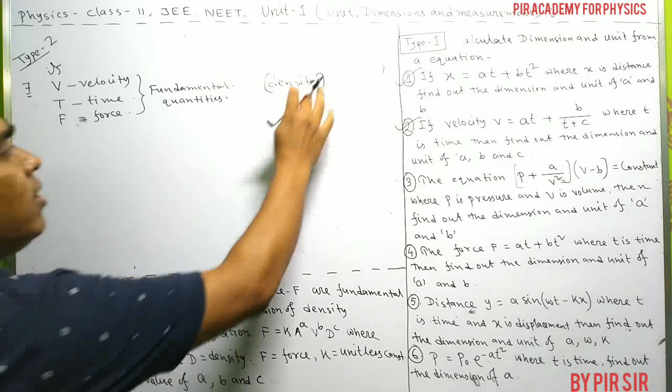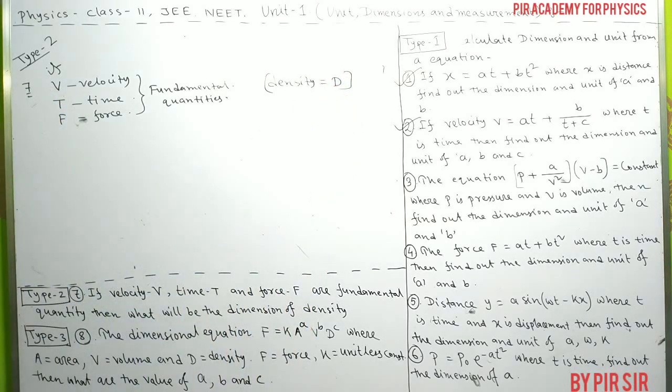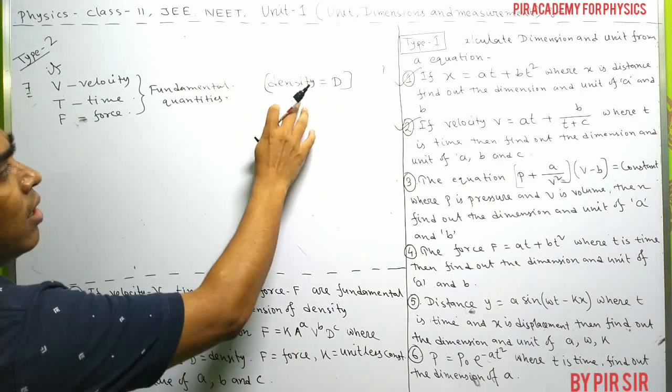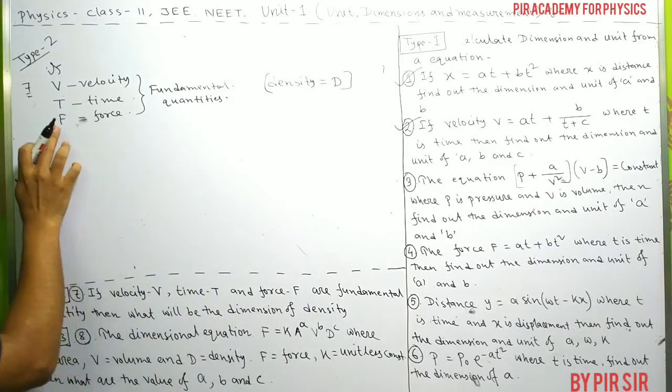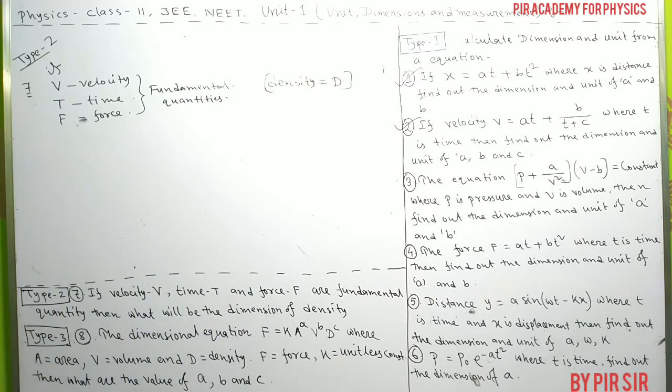Say density is D. You have to calculate the dimension of density in terms of velocity, time and force.